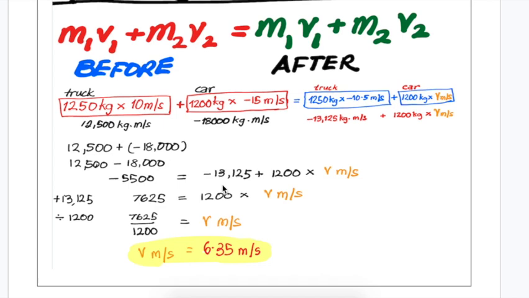Then we need to get rid of the 1200, which is in front of a multiplication sign. So here, we need to divide again, dividing both sides by 1200. And then we'll get this is equal to v. Then we can rearrange and put v on this side and solve this. And we'll get the velocity of the Beetle as it bounces back to be 6.35 meters per second.